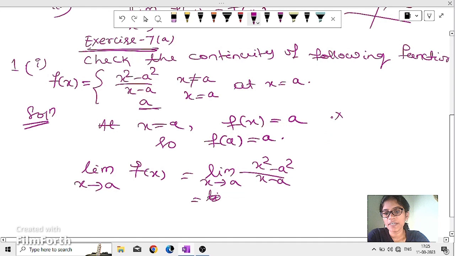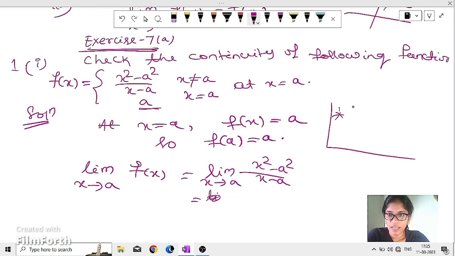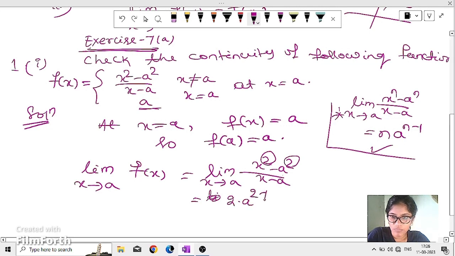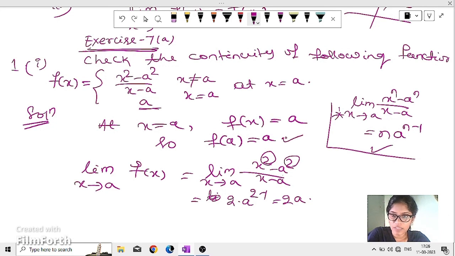We have a formula for this limit: limit x tends to a x to the power n minus a to the power n by x minus a is equal to n into a to the power n minus 1. Here in place of n there is 2, so it is 2 into a to the power 2 minus 1, which is 2a. But the given function value is a, while the limit value is 2a.